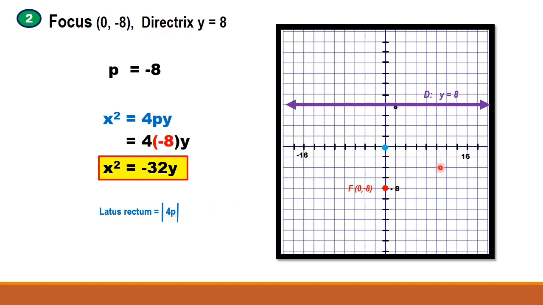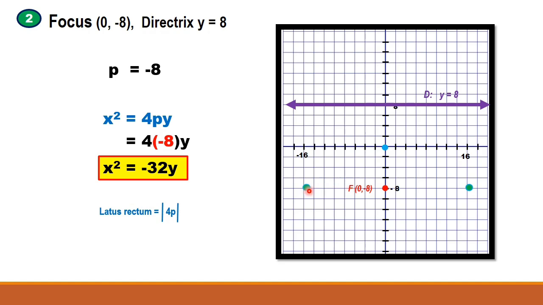So this is 2p and this is 2p, or 2 times 8 is 16. So 16 here, 16 here. Let's count from focus: 2, 4, 6, 8, 10, 12, 14, 16. So this is the point, and the other point is also 16 away.